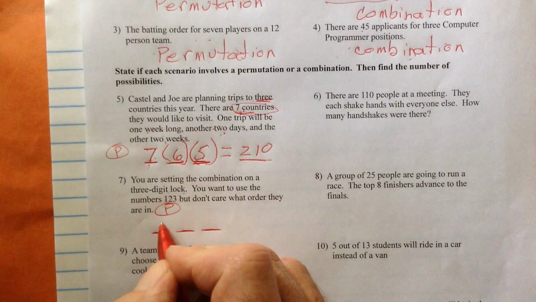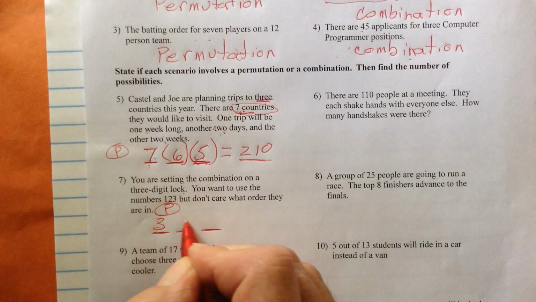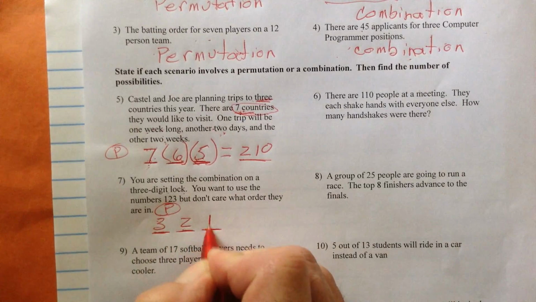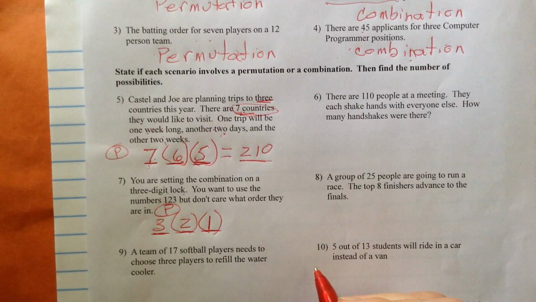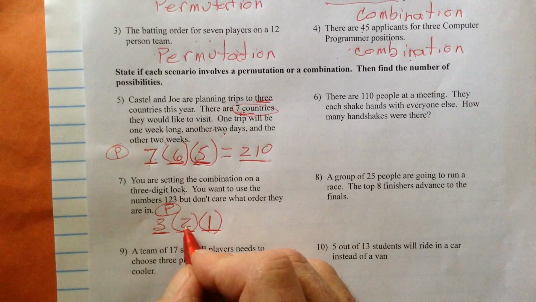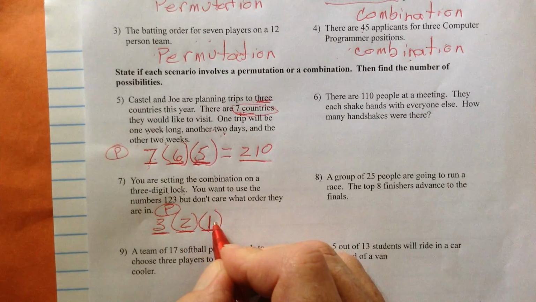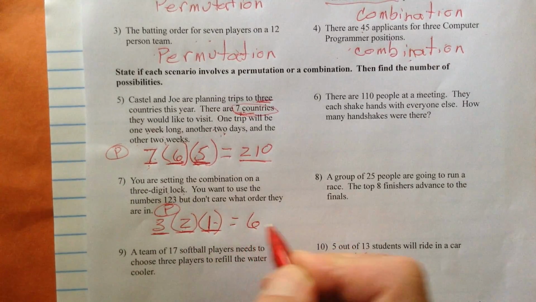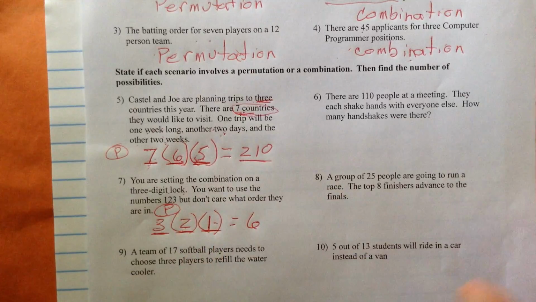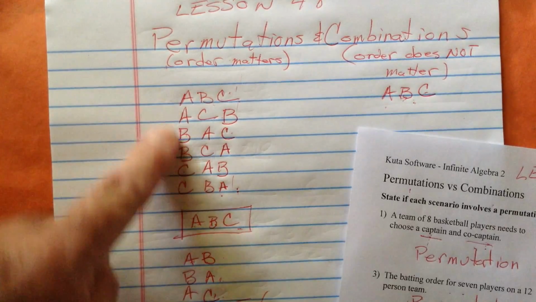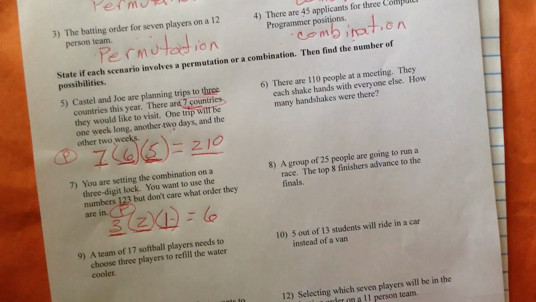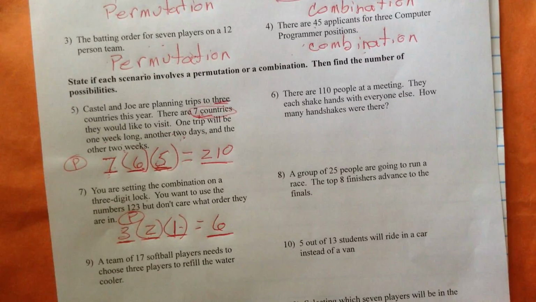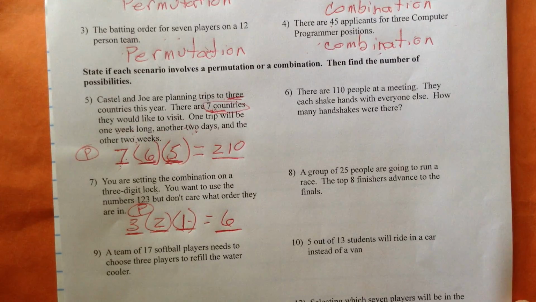So the highest number is 3, then 2, then 1, and you multiply them. 3 times 2 is 6, times 1, so there are 6 different ways. It's just like you saw at the very beginning, but there I used ABC. So here the answer will be 6 different permutations.